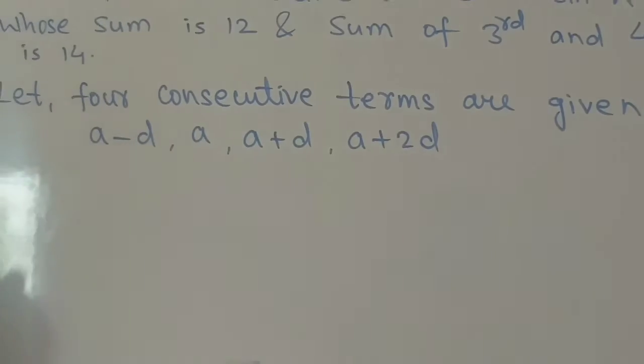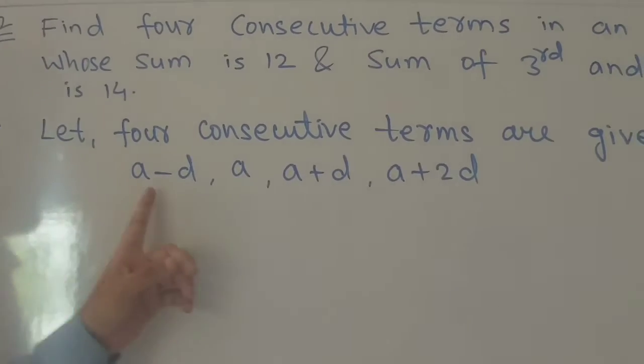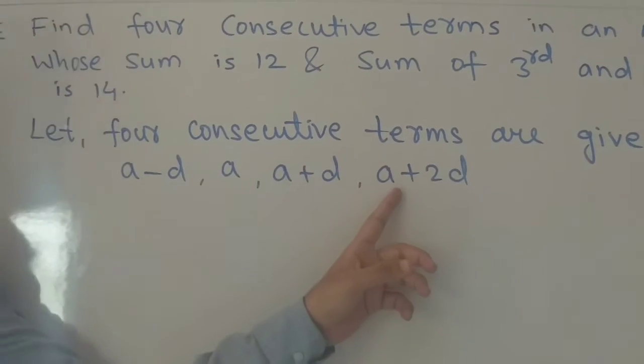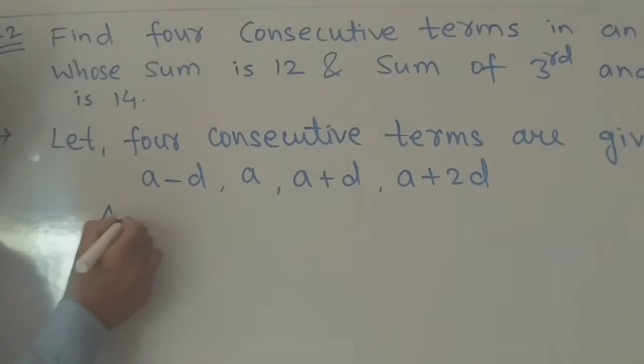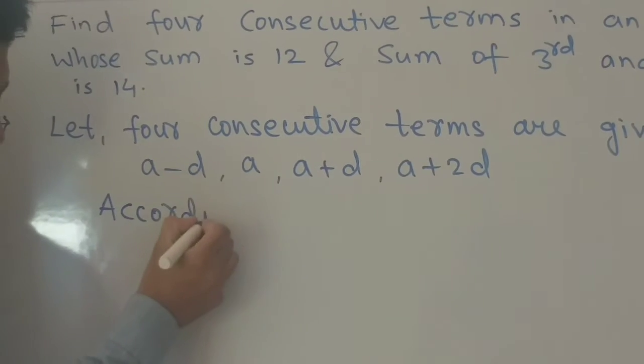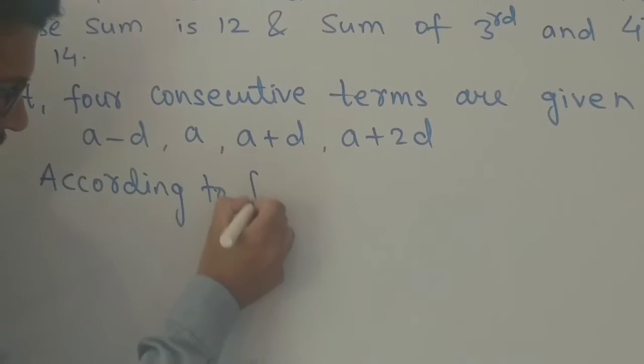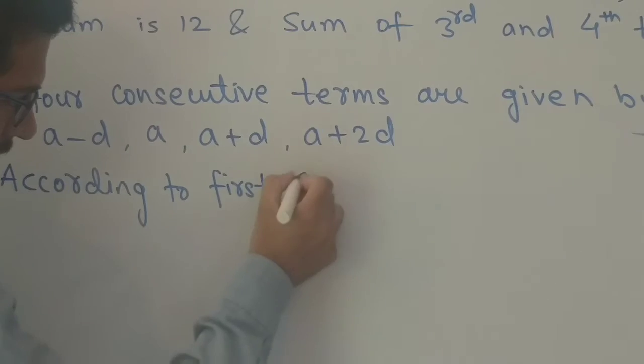So here the 4 consecutive terms are there: first term, second term, third term and fourth term. Now we'll use the first condition. So we'll write according to the first condition.